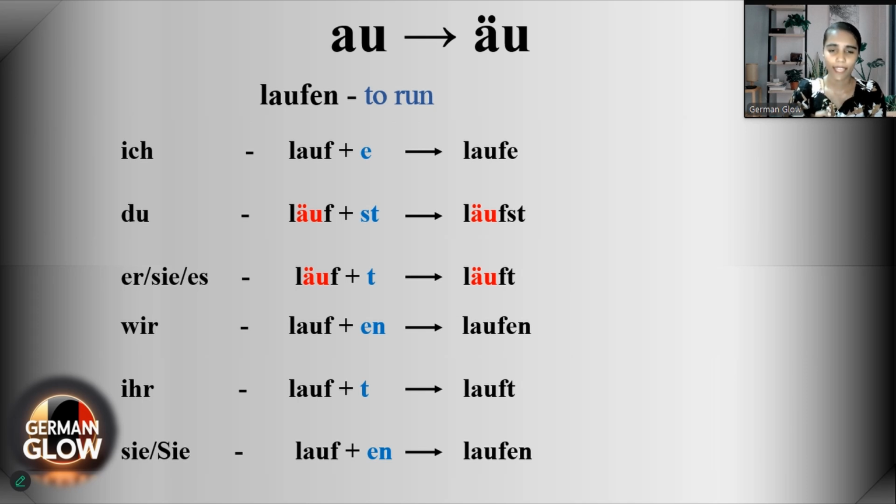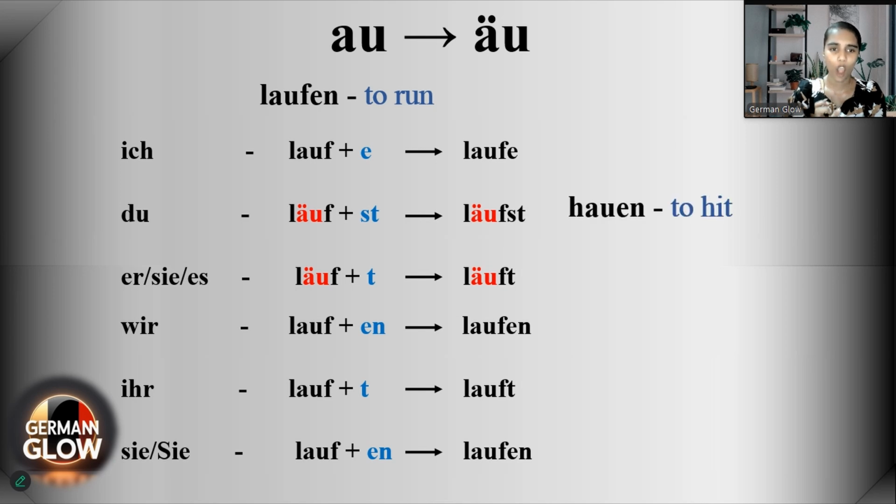Läuf plus st, läufst. Er, sie, es läuf plus t, läuft. Wir lauf plus en, laufen. Ihr lauf plus t, lauft. Sie lauf plus en, laufen. Only the du and er/sie/es forms change.